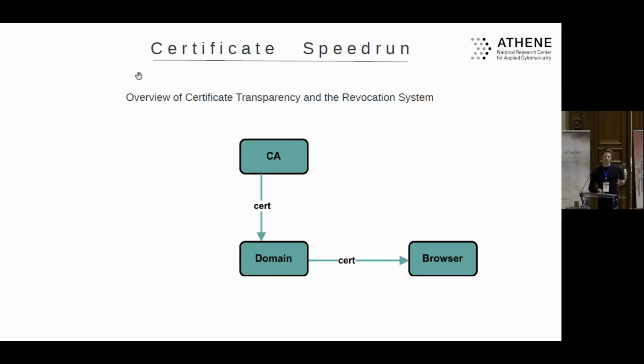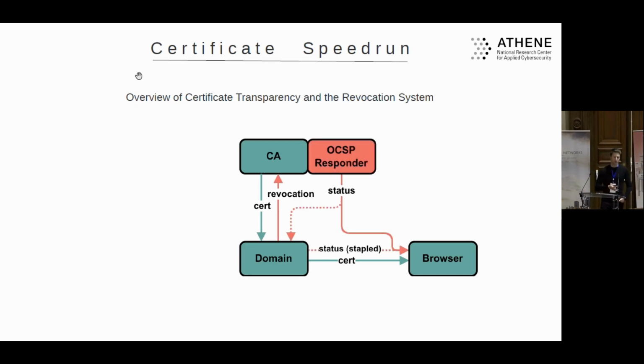And this is obviously a problem because attackers can then impersonate the domain that they obtained a certificate for, because these certificates are used by domains to authenticate themselves to clients. And we have a system to deal with this: the revocation system.